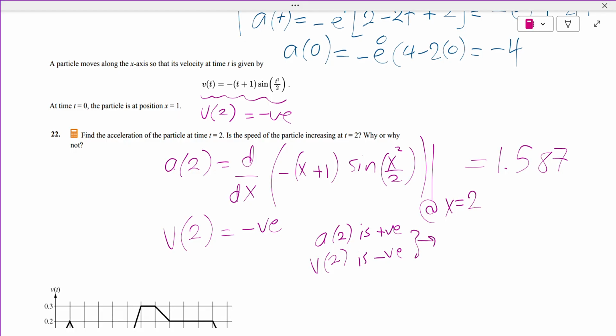We say that the speed is decreasing, because they have different signs. Speed is decreasing.